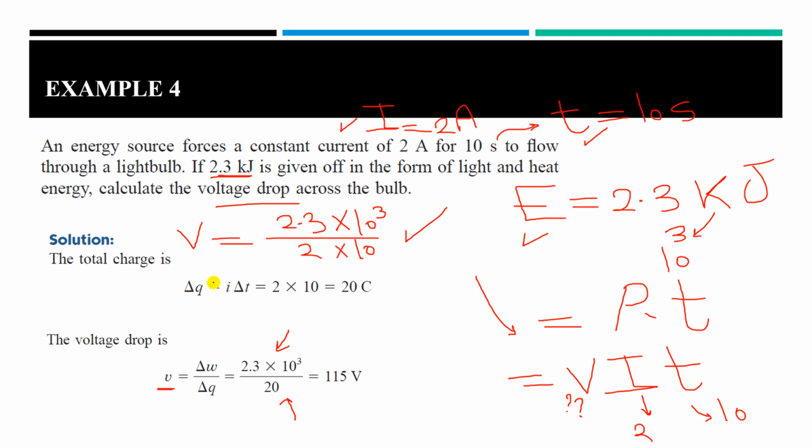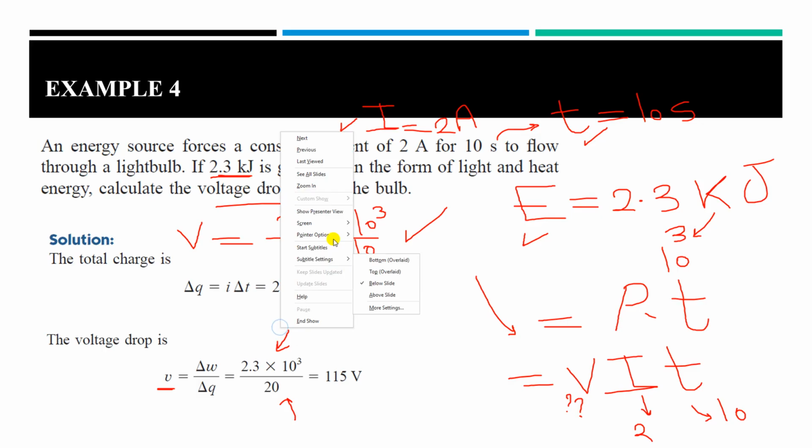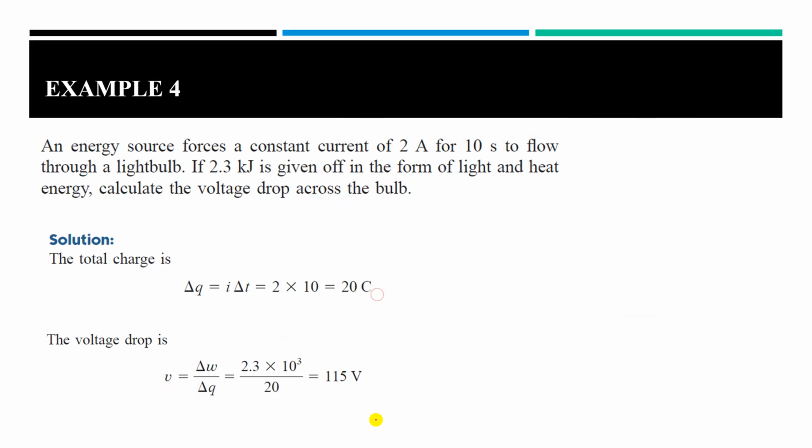Now what is this other method? It is the same idea; you can do it in another way. We know that the voltage is equal to the change in energy per coulomb. So here we have energy, which is 2.3 kilojoules, and we need Q, and the amount of charge is equal to the current multiplied by time.